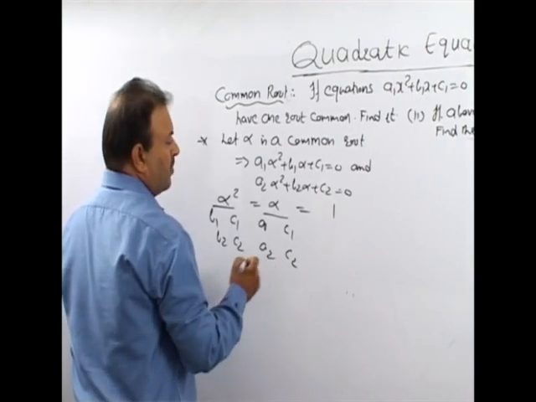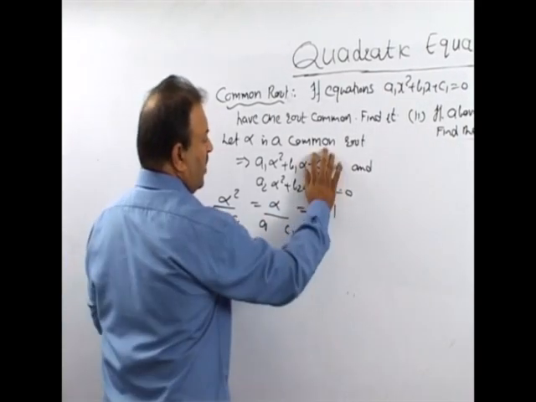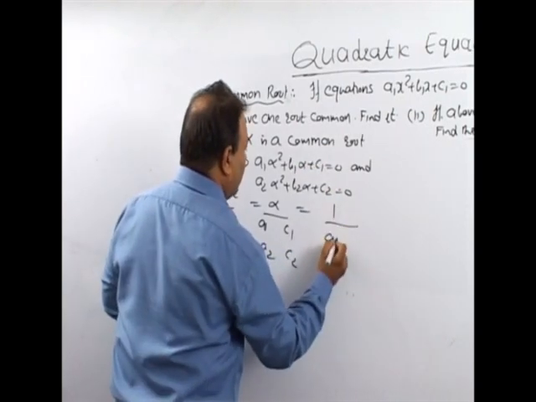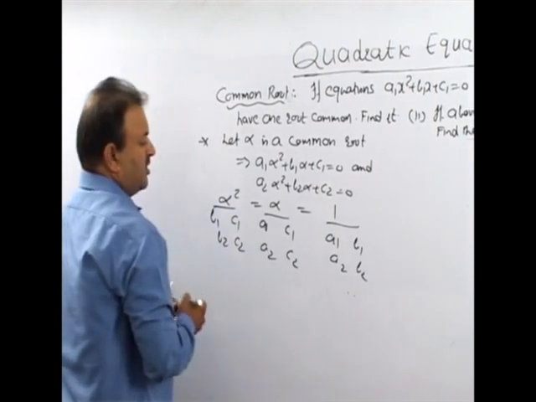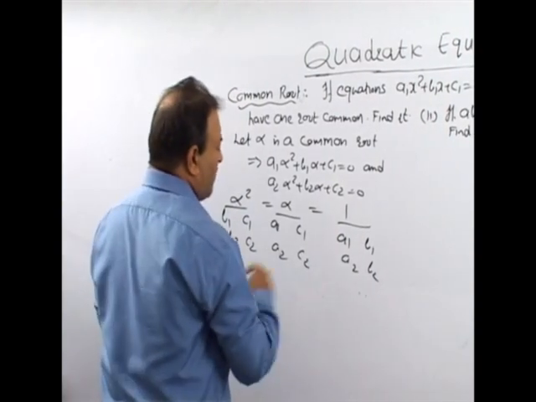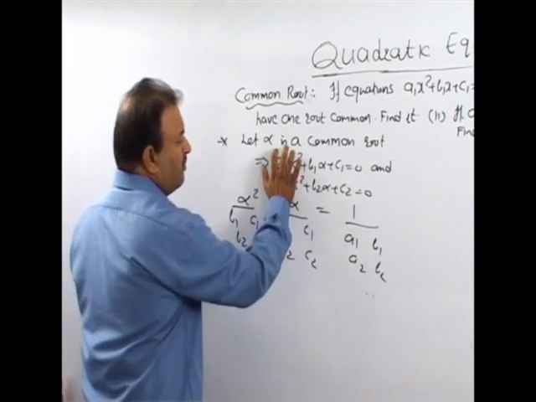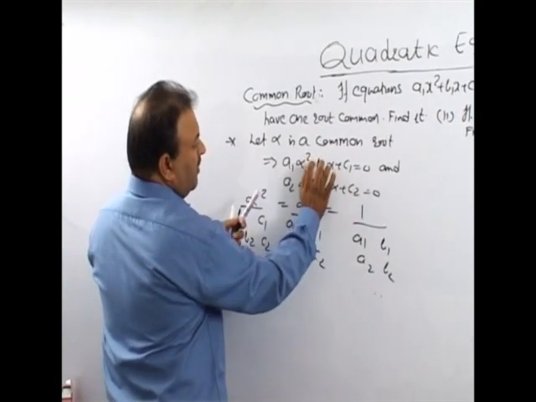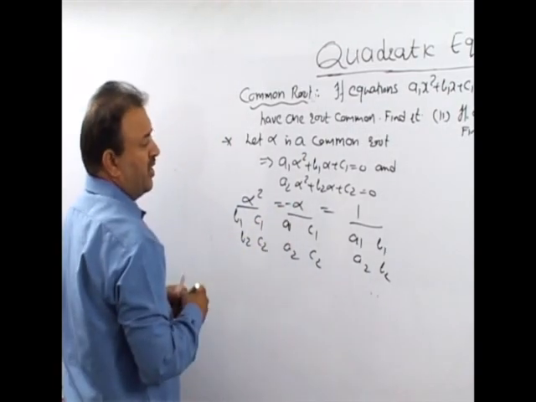Then it comes out to be this upon c1 c2, keep your finger over here, and we get a1 b1 a2 b2. One thing to keep in mind, especially in the case of minus alpha: when we keep a finger over here, first of all it should be minus alpha over here.